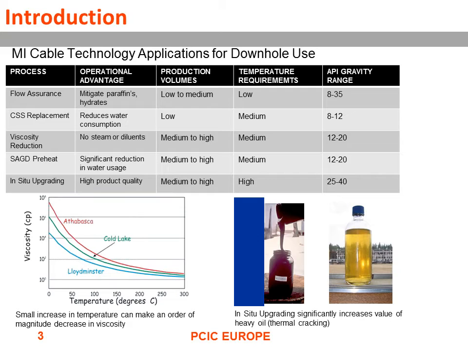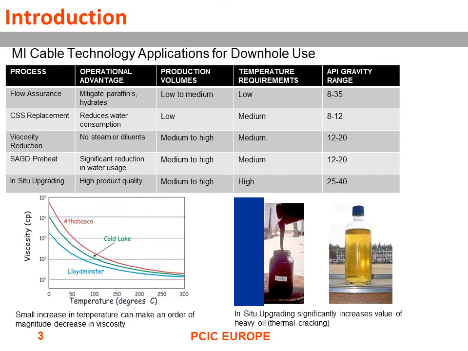It's a Shell patented process called in situ upgrading, and you have to raise the temperature of the formation to something like 340 degrees C, and you wait for a while, and it changes the oil from the heavy 10 API into something between 25 and 40 API.